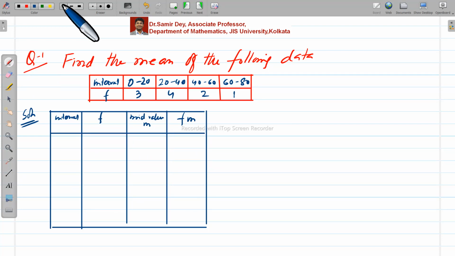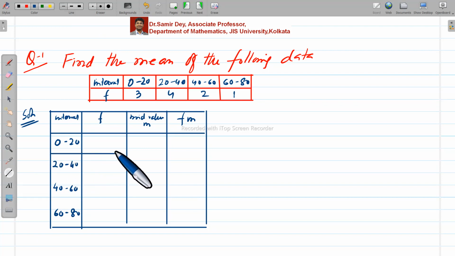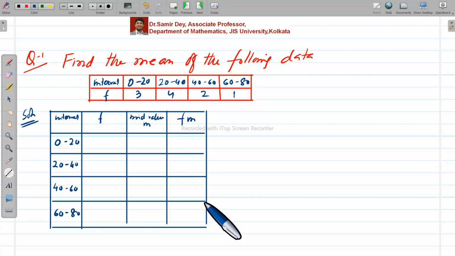Then you write the intervals 0 to 20, 20 to 40, 40 to 60, 60 to 80. The corresponding frequencies are 3, 4, 2, and 1.